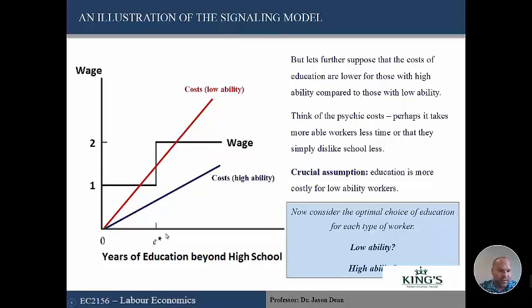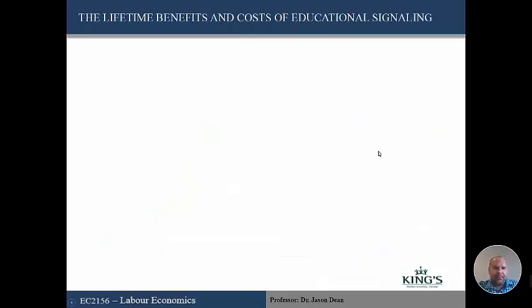But if they choose to get E-star years of schooling, they're going to get 2, and 2 minus the cost associated here is larger than 1. And so their benefit is this entire vertical line here, which is greater than 1, and so they would choose to get E-star. So in this case, education is just working as a signal, and we have a separating equilibrium.